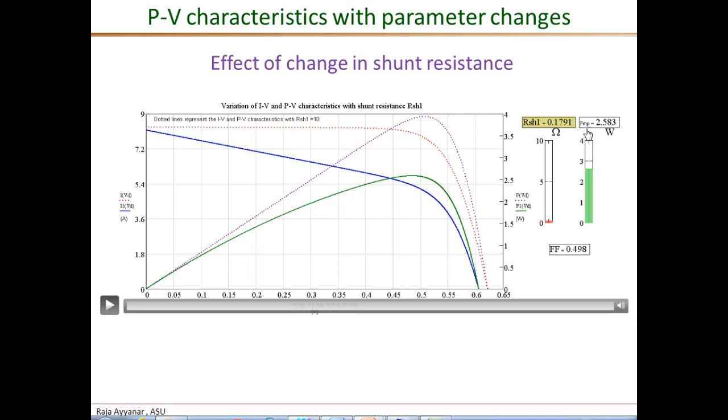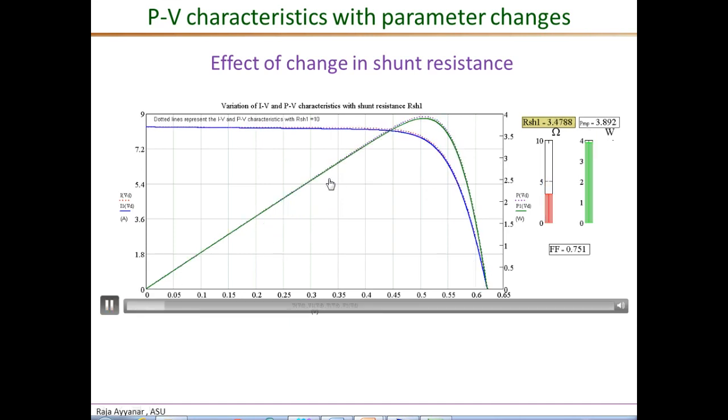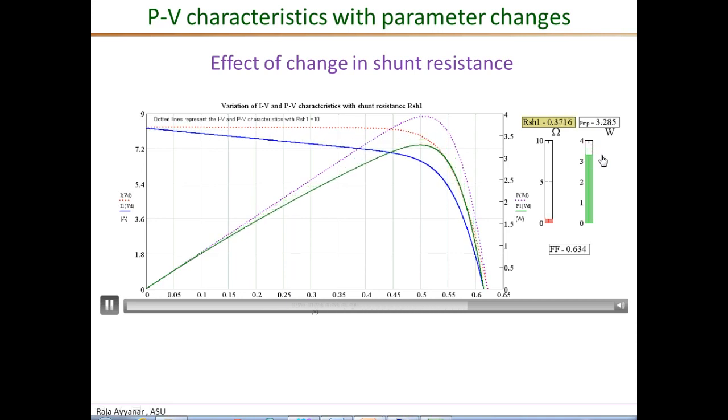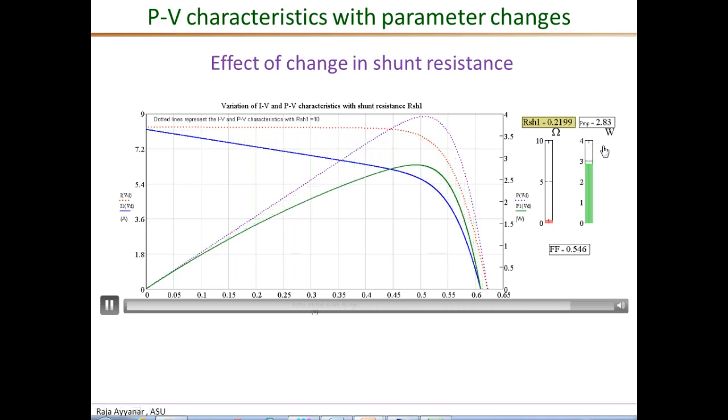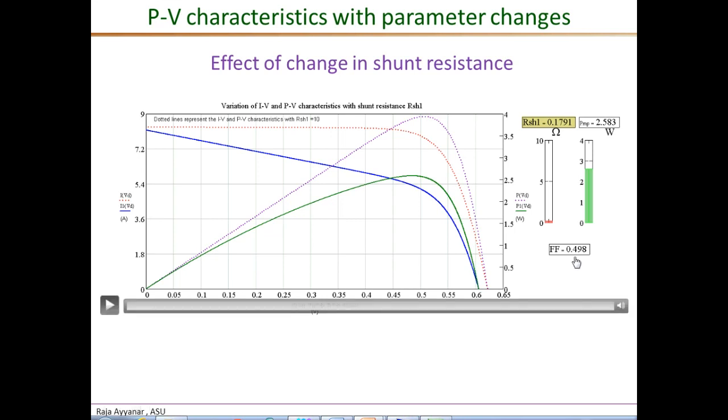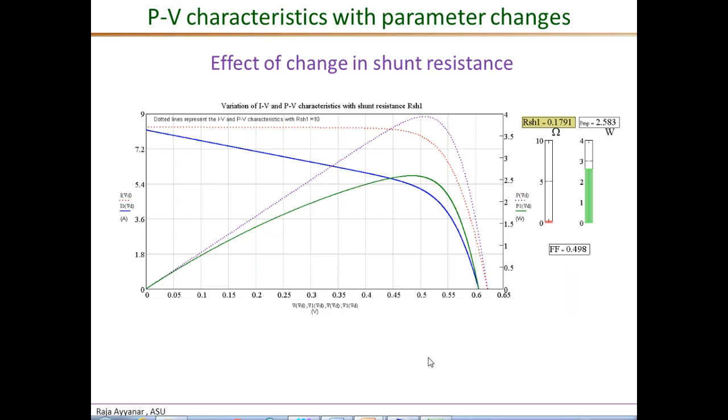So the corresponding values of the maximum power are shown here, and you can see with 10 ohms it was close to 4 watts, and it has come down to about 2.5 watts at 0.2 ohms, yielding a very low fill factor of less than 0.5.